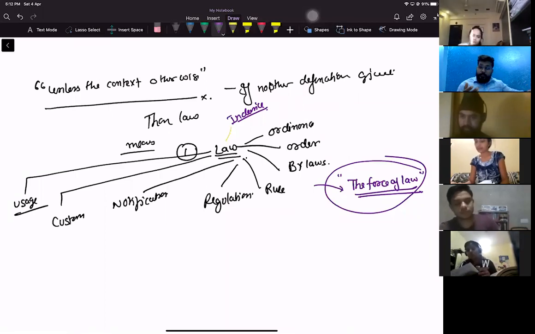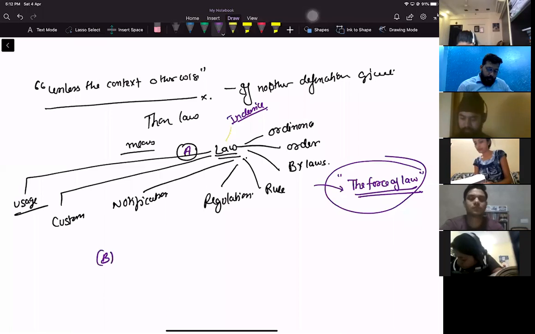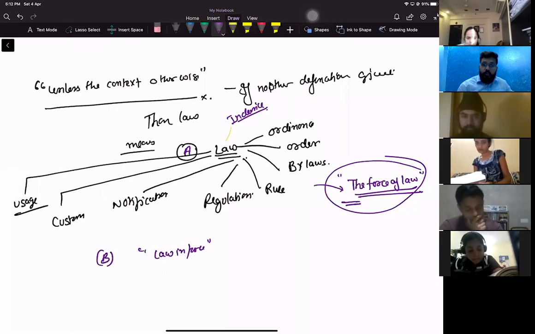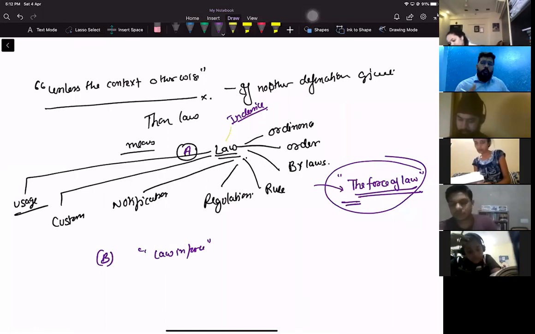If you see in clause B, they use the words law enforce. Whereas in clause A, they use the words force of law. So there is a logic behind using it. The force in law enforce, and force of law.